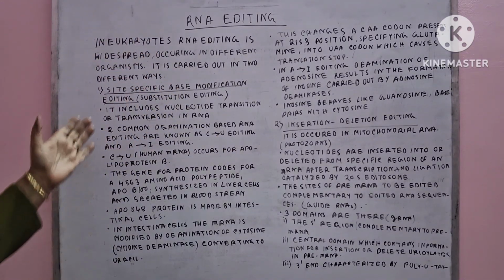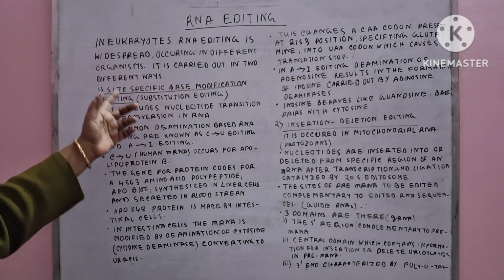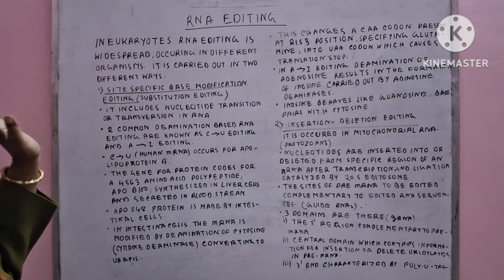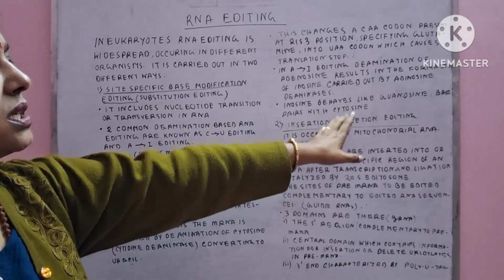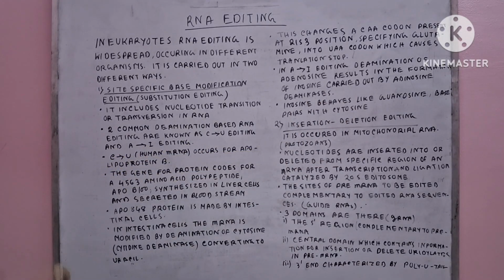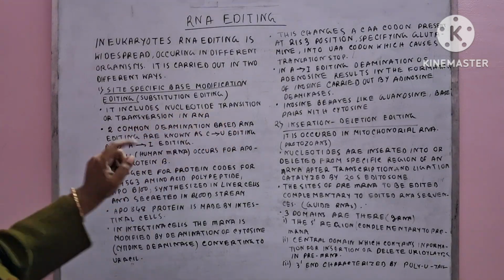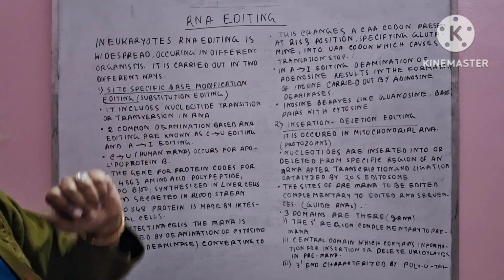Okay. And there are two types of editing process. One is the site-specific base modification editing, and another is the insertion-deletion editing. Site-specific base editing includes nucleotide transition or transversion in RNA.